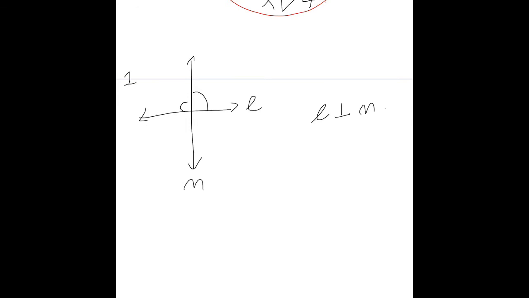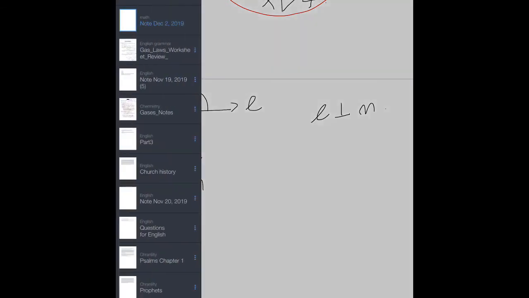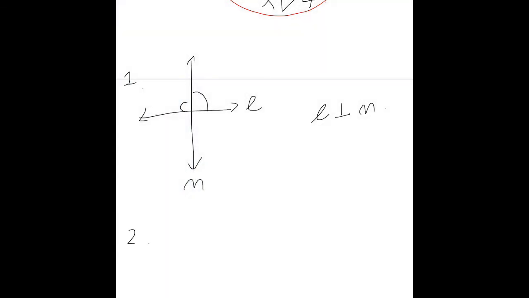It's option 1. So option 2 is like the two lines are parallel and have a 90 degree angle here. So what is that?